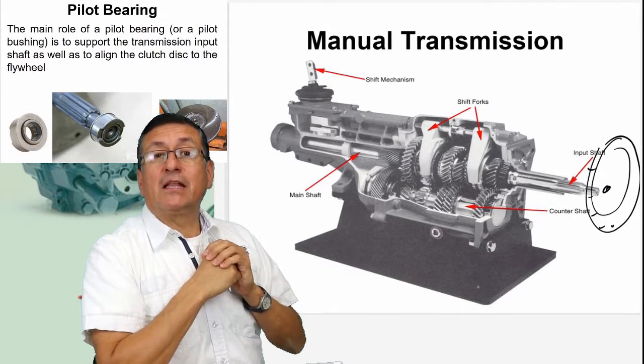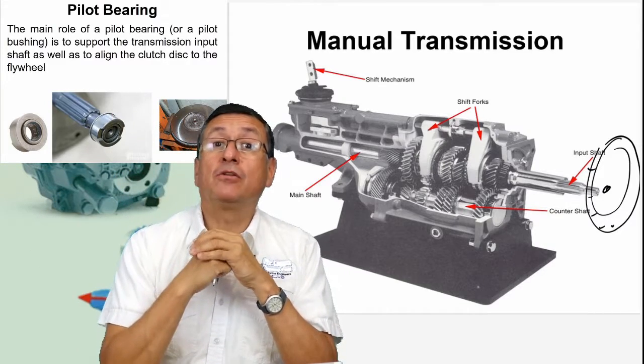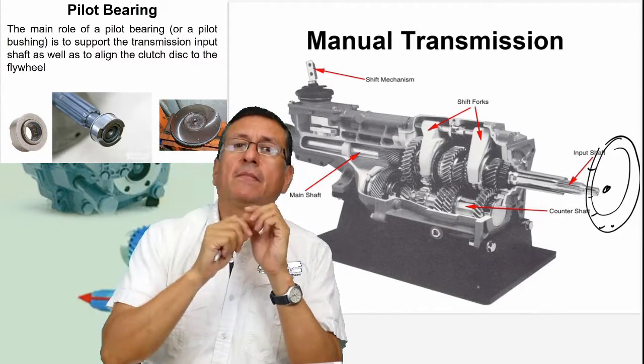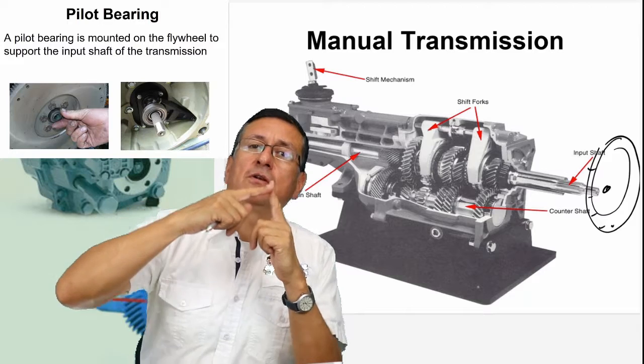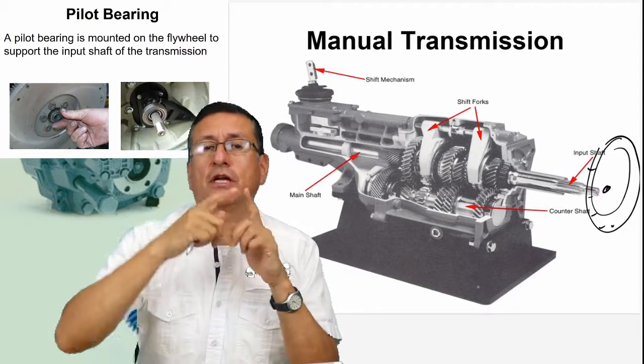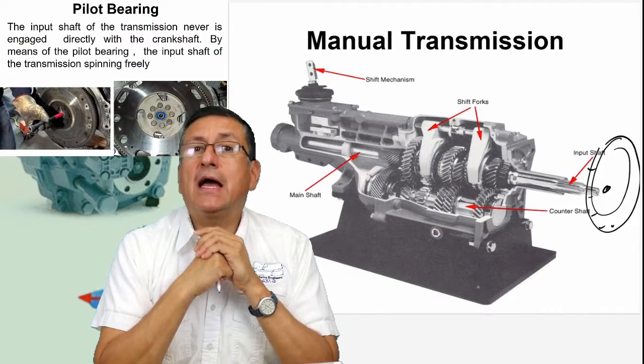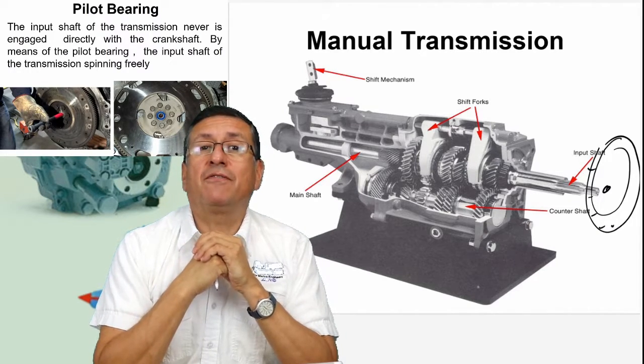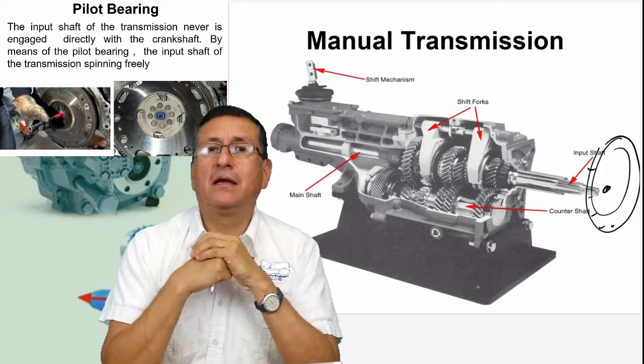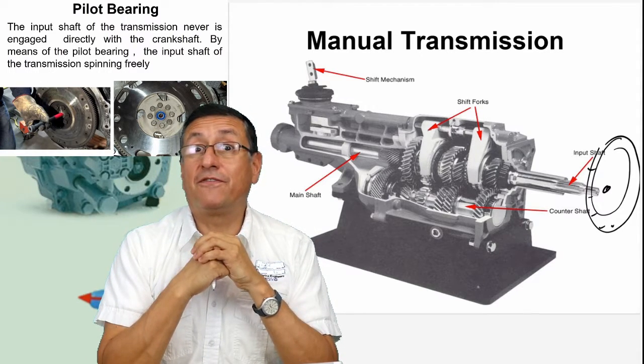That bearing is the pilot bearing. In the pilot bearing, the input shaft of the transmission rests, in order to avoid play of the input shaft. And the input shaft of the transmission at the end has the friction plate connected.